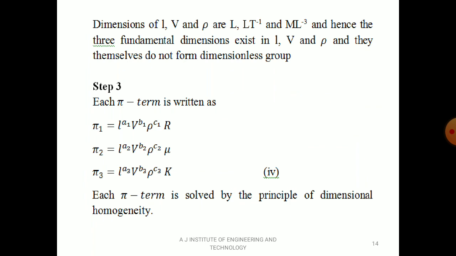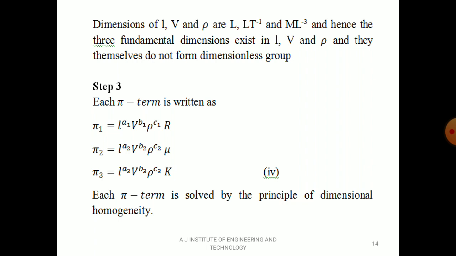Next, step 3. Each pi term is written as, so we have to write expressions for the pi terms. From n minus m, we got the number of pi terms equal to 3, respectively pi 1, pi 2, pi 3. Pi 1 equals the first repeating variable corresponding to the geometric property L, the second the flow property V, and the third the fluid property, into some other variable.